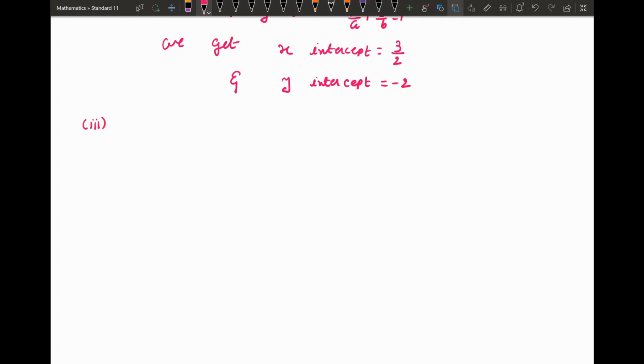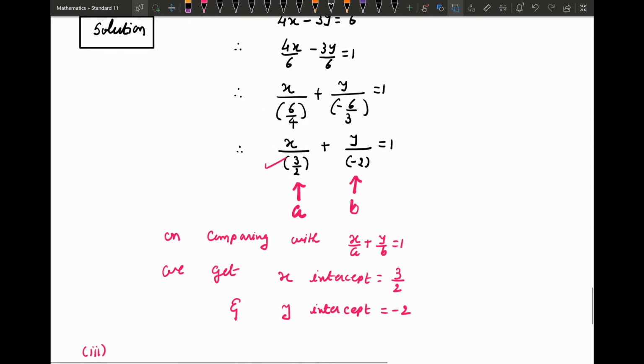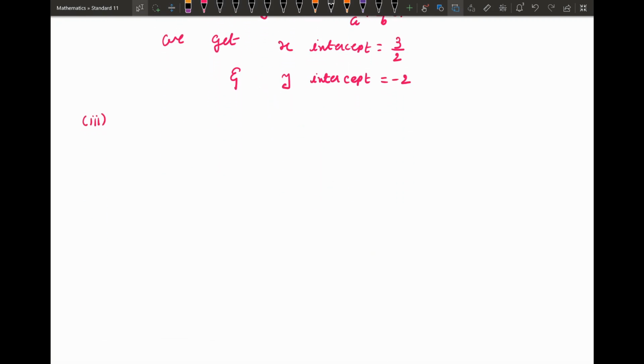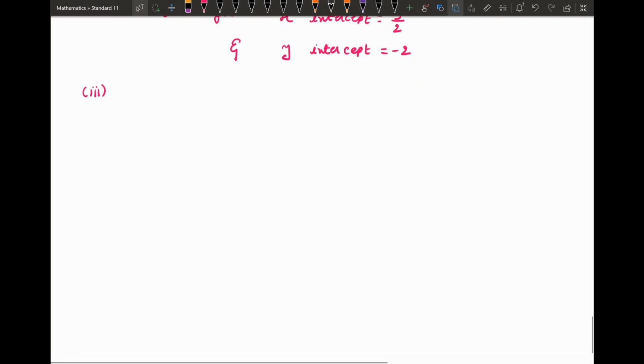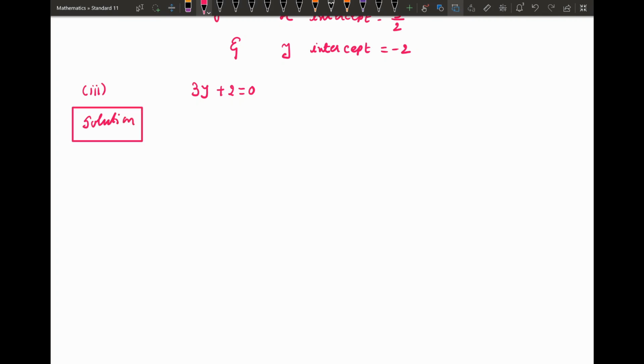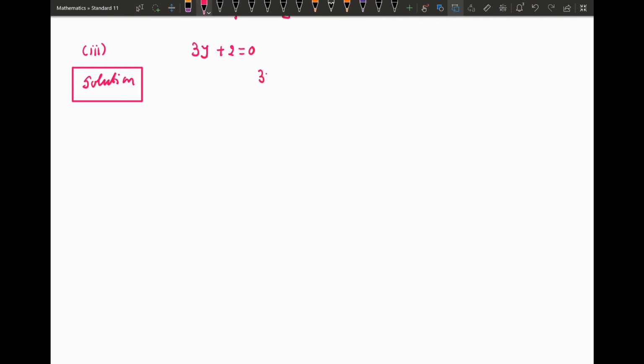Third example is 3y plus 2 equal to 0. It is very easy for this equation. Check: 3y plus 2 equal to 0, so 3y equal to minus 2 and therefore y equal to minus 2 by 3.